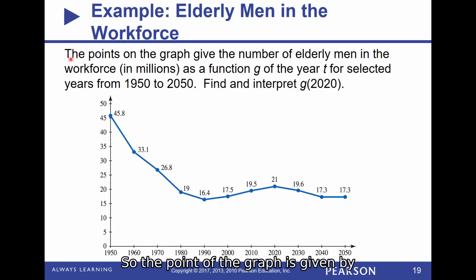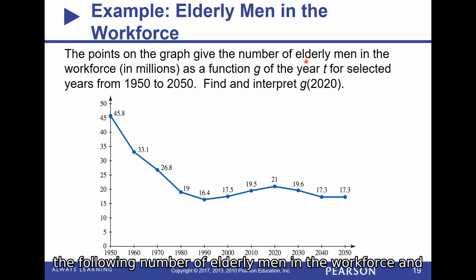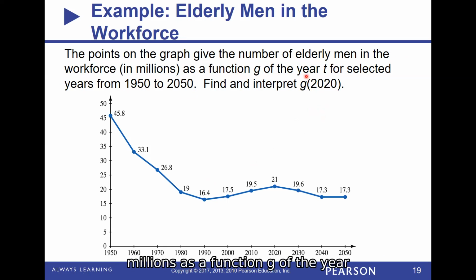Okay. So the points of the graph are given by the following: number of elderly men in the workforce in millions as a function g of the year t for selected years from 1950 to 2050. Now find and interpret g of 2020. So again, look at what's there. That says my input is 2020. Now it does say t here, so again, we're not using x's, but that's okay.